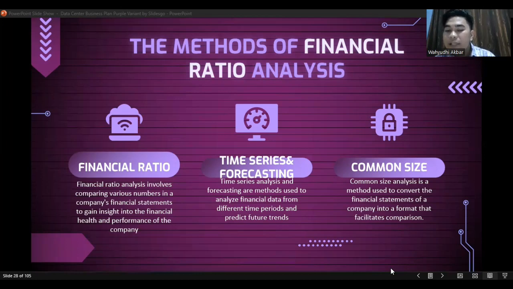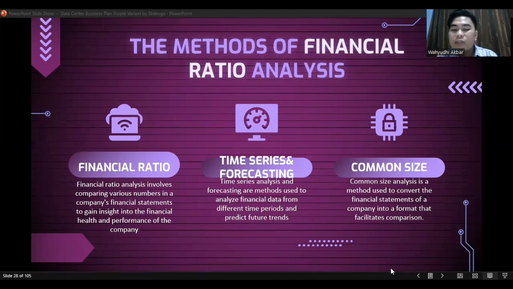Some commonly used financial ratios include profit ratio, liquidity ratio, debt ratio, activity ratio, and others. Examples of financial ratios include net income to sales ratio, debt to equity ratio, and quick ratio. Financial ratio analysis helps in evaluating a company's operational efficiency, finances, and solvency.